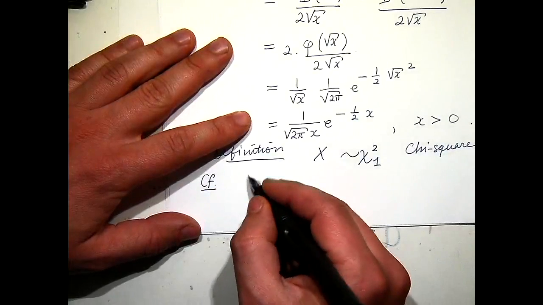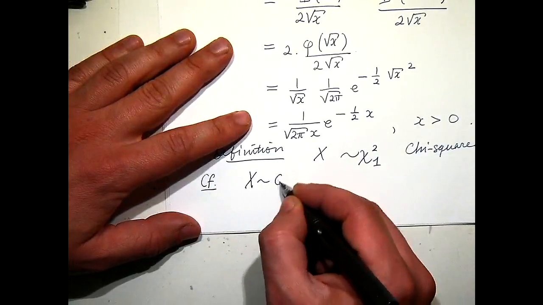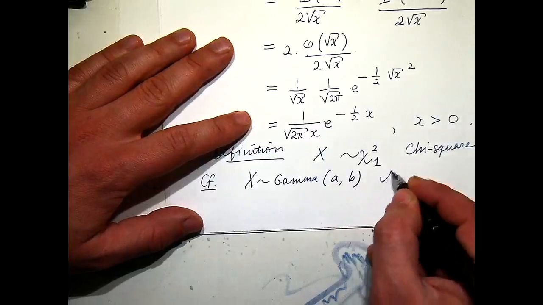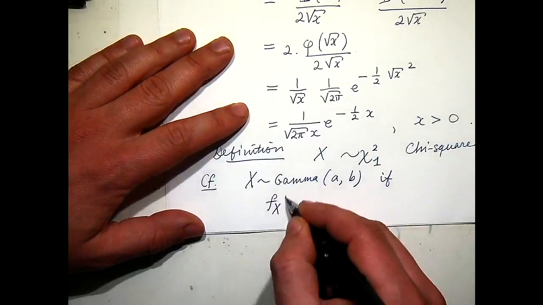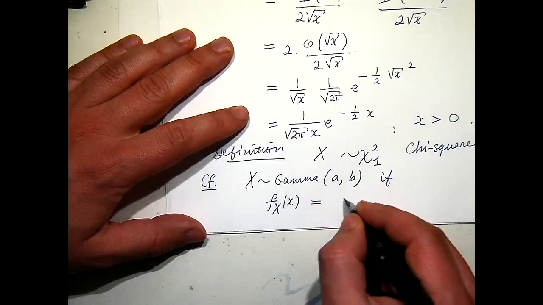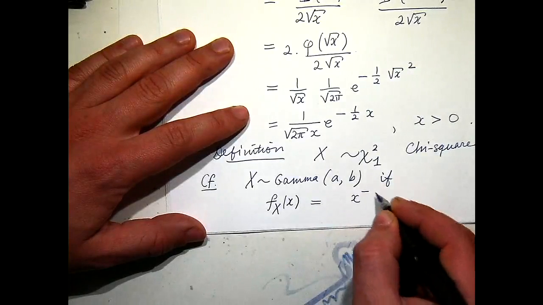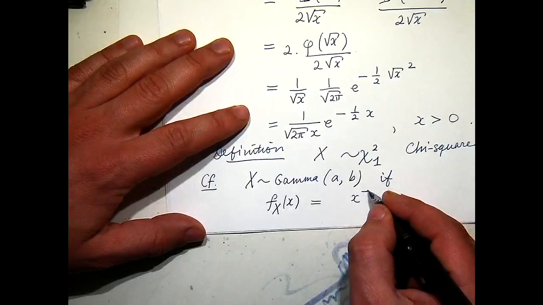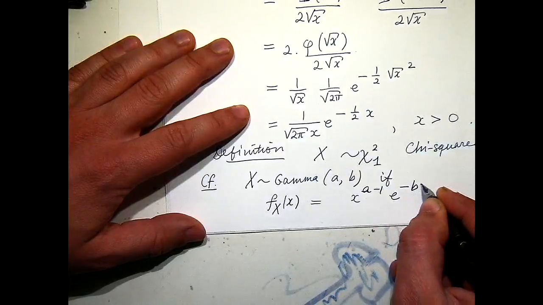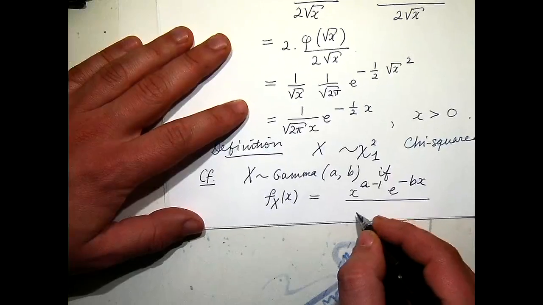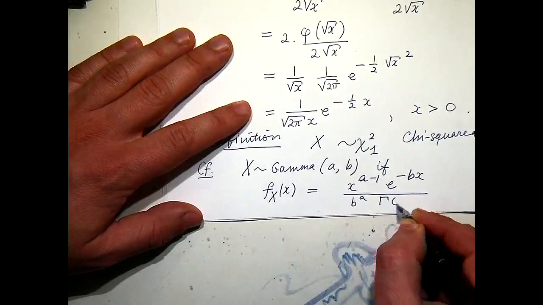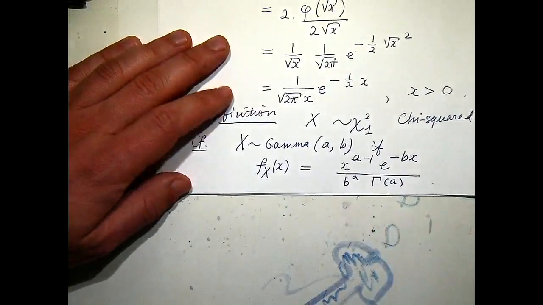I just want to compare one other distribution that I'll introduce, x, which is gamma with parameters a and b, if the density, so this is slightly different because it can allow any parameters a and b, is equal to x to the a minus 1, e to the minus b x, divided by b to the power a, gamma of a.